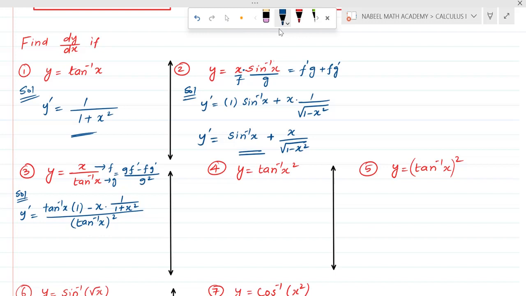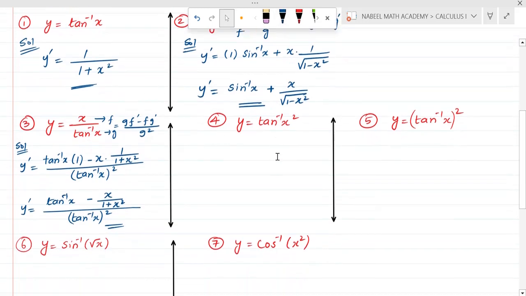You cannot simplify anything, so leave it as it is. You have tan inverse x minus x over 1 plus x square, all over tan inverse x whole square. If you want to simplify, you can cross multiply and do it in the next step.